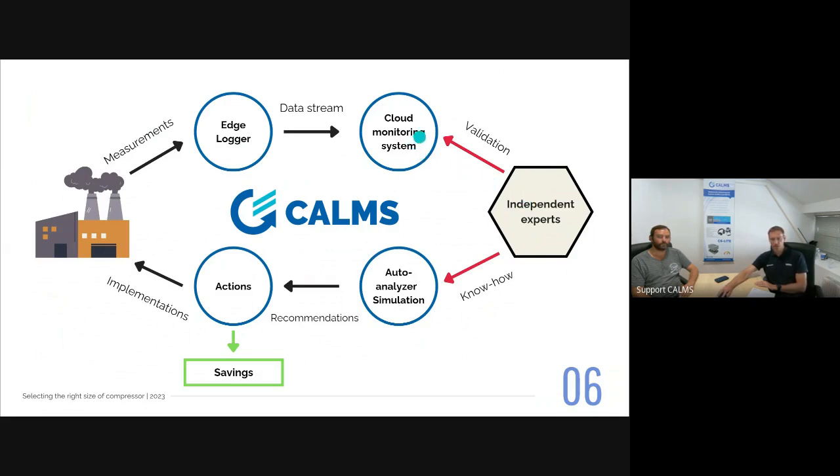They will validate the data and the models, and with their know-how, they will help you fine-tune and set all the parameters in the simulator. This simulator can also be part of the auto analyzer, which will give you the recommendations, actions, and opportunities that you can perform to make the efficiency of the complete system better and get the savings.